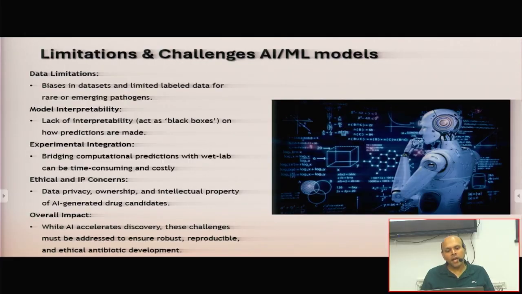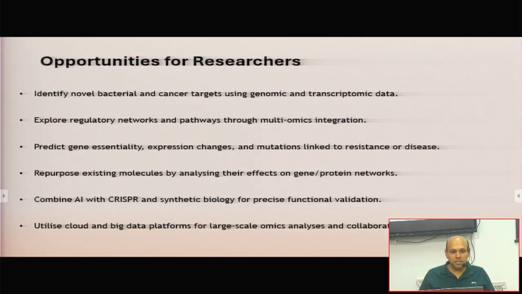So overall impact. While AI accelerates discovery, these challenges must be addressed to ensure robust, reproducible, and ethical antibiotic development. So opportunity for researchers, there are lots. You identify novel bacterial targets using genomic and transcriptomic data, explore regulatory networks and pathways to multiomics integration, predict gene essentiality, expression changes, mutations linked to resistance, reposition existing molecules, and analyze their effects on gene and protein networks.